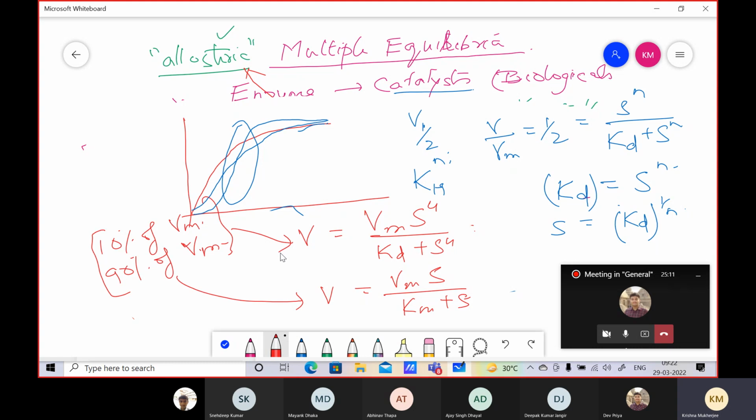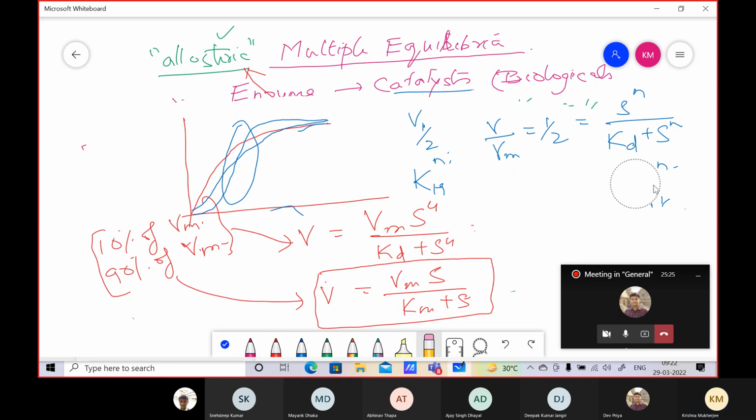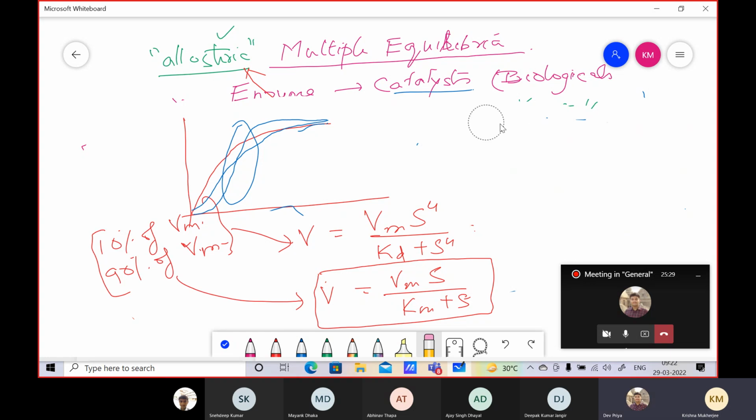So, can you tell me the answer for this one at least, first one? What is the S when V is 10% of V max? Sir, in terms of Km. Obviously it has to be in terms of Km.